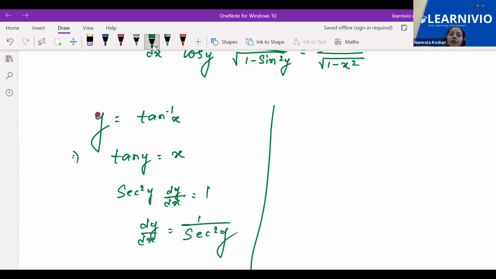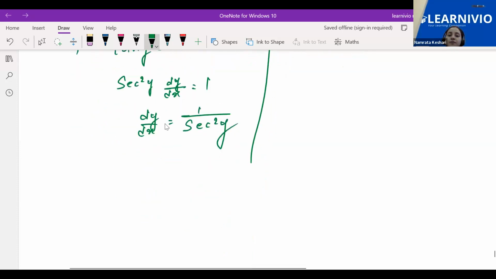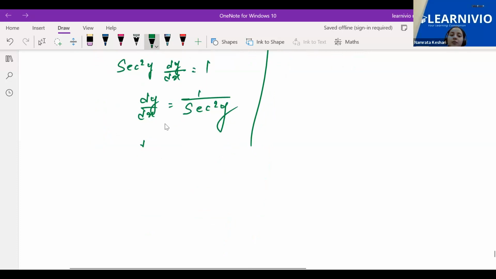Perfect. Then we can write it in terms of tan, right? This sec square y, this identity we must use over here.